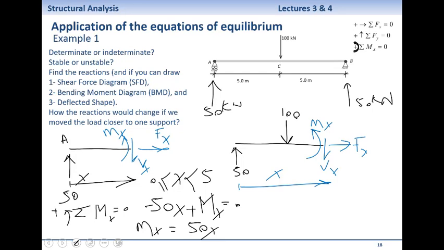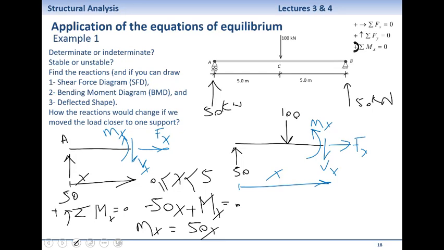You see? Remember, in both free body diagrams, x is a variable. x can change in both of them. In both of them, you see a 50 kilonewton force going up right at the left-hand side.